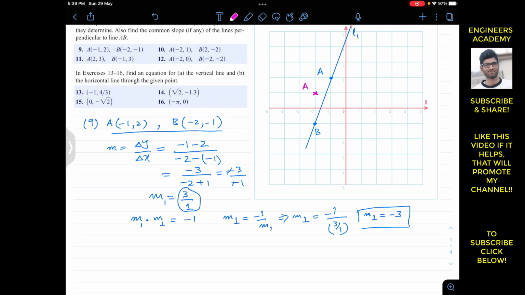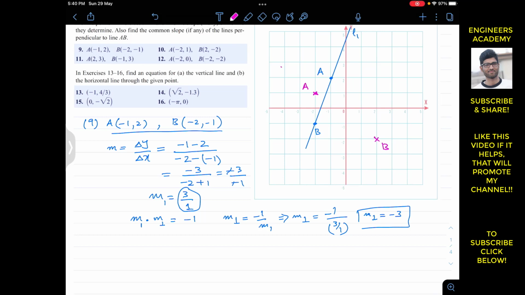This is point A for problem 10. Then point B is (2, -2). The x coordinate is +2 and then -2, so point B is somewhere here. Let me plot that. So this is point B.